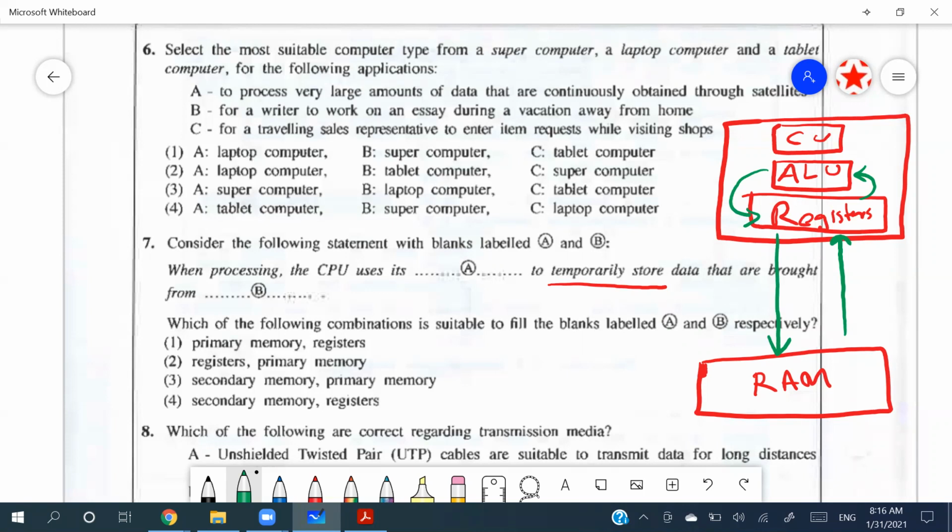And when you are storing the final output, you can store it in the secondary storage like hard disk, or send the data to an output device like a monitor, right? So here they are talking about the process that I have illustrated. So the CPU uses its registers to temporarily store data that are brought from the primary memory or the RAM. So the answer is going to be the second one.